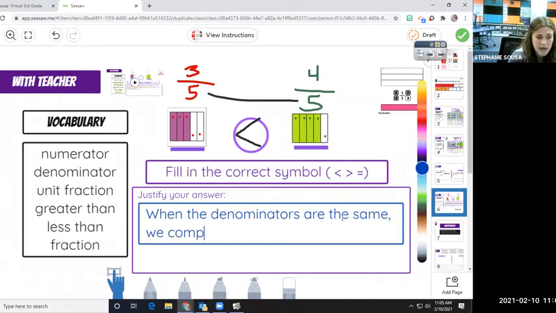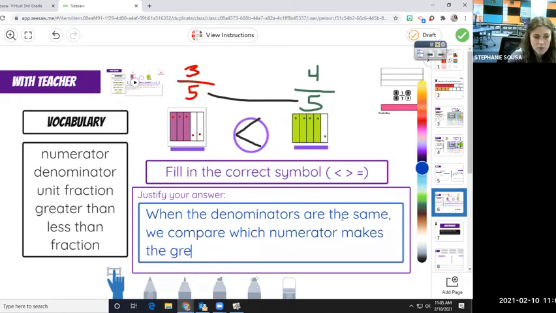We compare which numerator, another vocab word, makes the greater fraction.